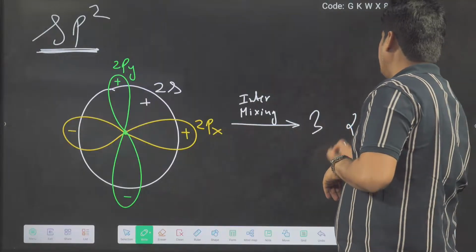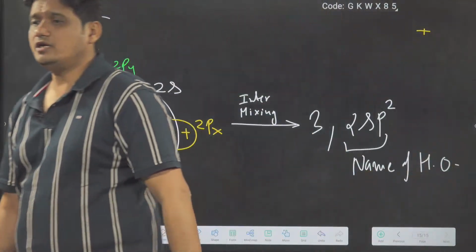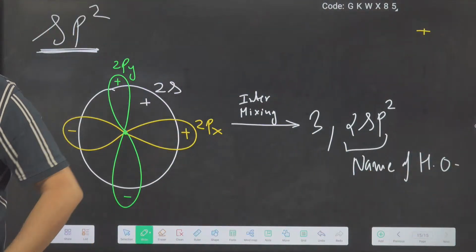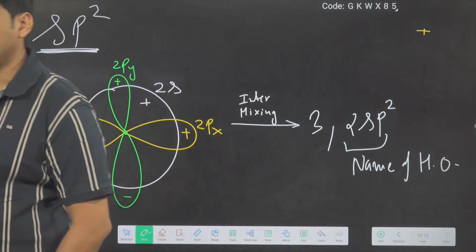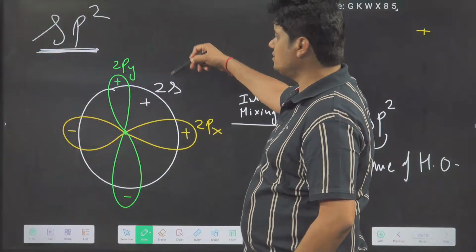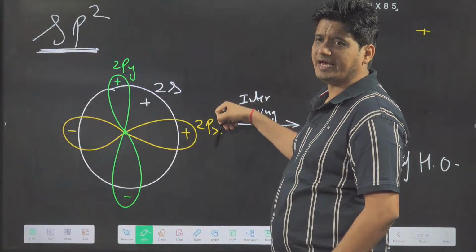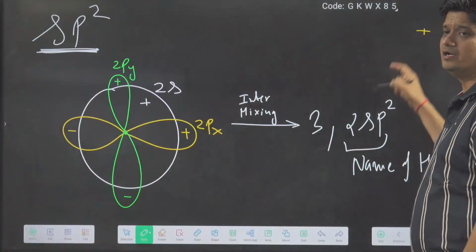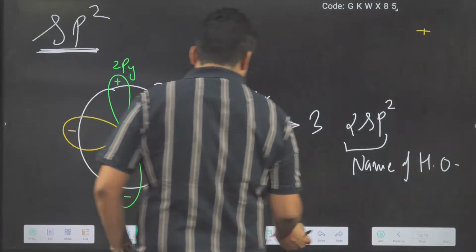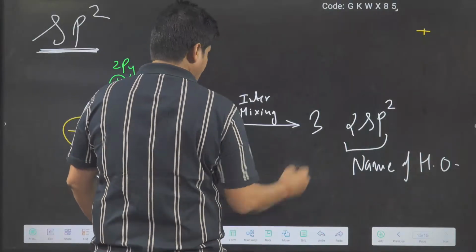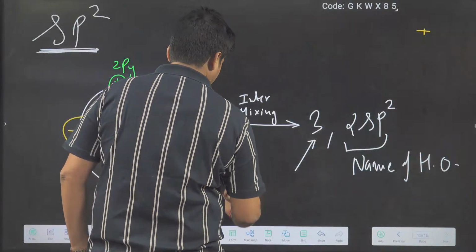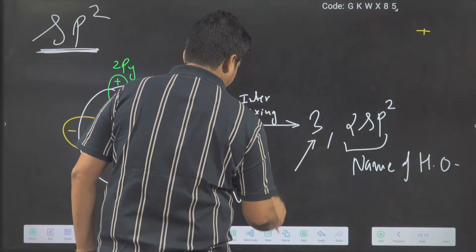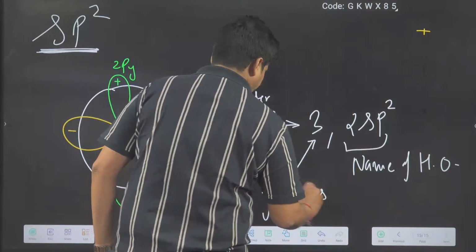So I will finally write it like this: 3 2sp2. Harika, why are you saying 2? How many atomic orbitals were taken here? 3: 2s, 2px, 2py. We have taken 3 atomic orbitals, so we will get 3 hybrid orbitals. So here, this 3 represents the number of hybrid orbitals.